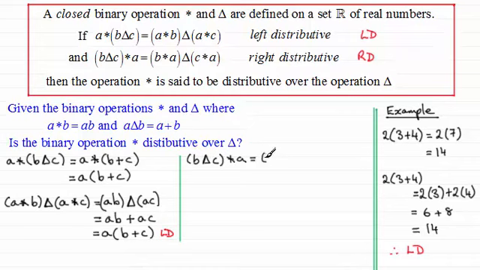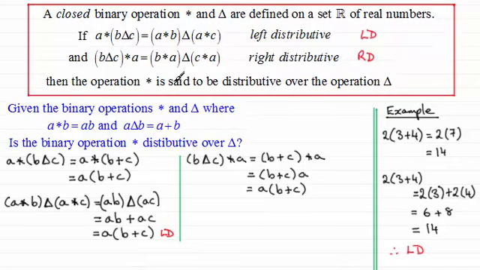So it'd be B plus C. And then that's starred with A. And then we've got, for the star operation, just the product of the two elements. So that's going to be B plus C, all multiplied with A. And that's exactly the same as putting the A at the front, A times all of B plus C.